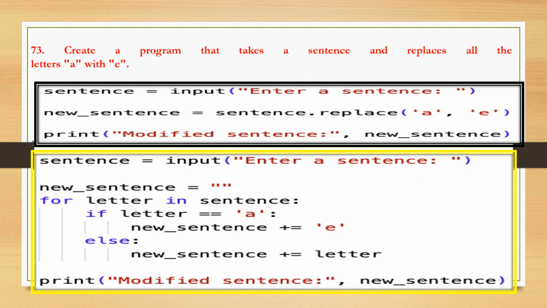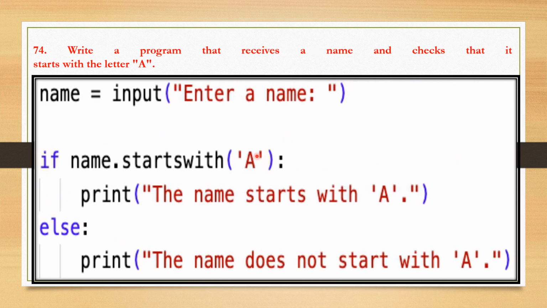The loop continues to iterate over each character in the sentence until all characters have been processed, and finally it prints the result. The next program is to receive a name and check if it starts with the capital letter A. Here it prompts the user to enter a name using the input function, and the entered name is stored in the variable name.